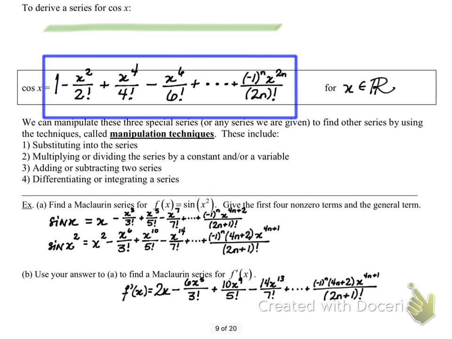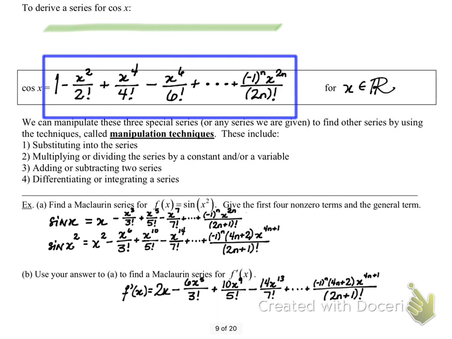That should have been negative 1 to the n times x to the 2n all over 2n plus 1 factorial.